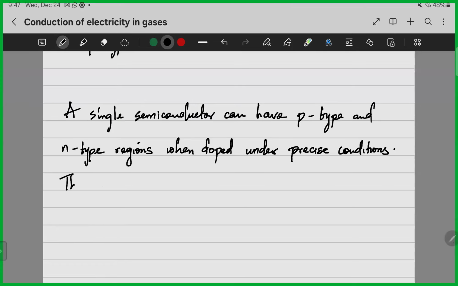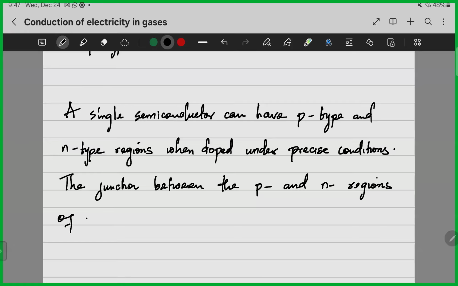The junction between the P and N regions of a semiconductor is called a PN junction.